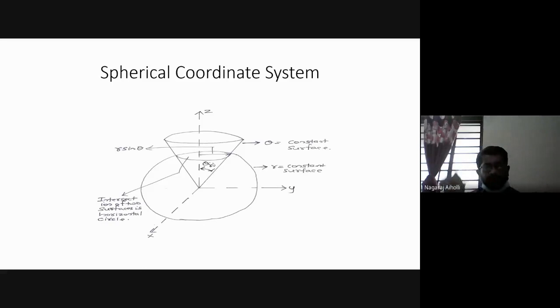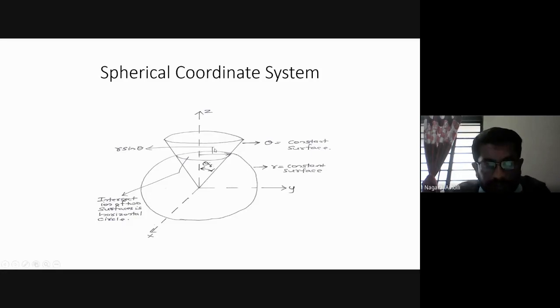So when these two intersect, what will we get? One is the cone and it is cutting the sphere. So what will we get at the intersection of the sphere and the right circular cone? Can you imagine here? We'll be getting a circular portion.